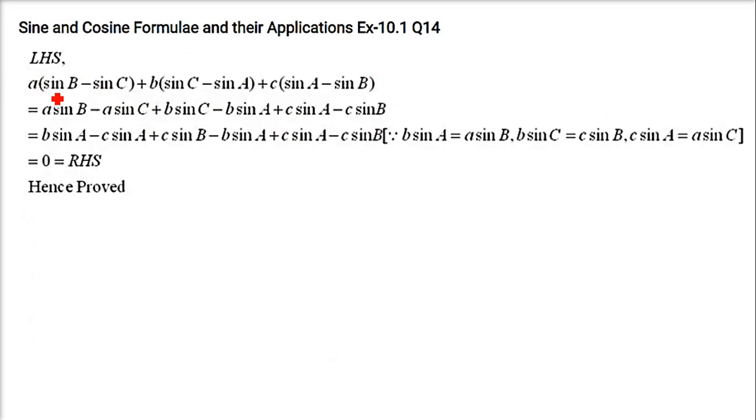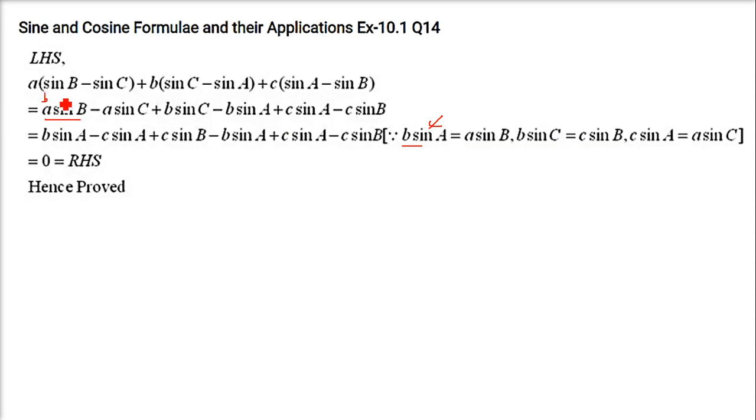Here we have the left hand side is this one. We have to prove it to be 0. So first multiply it: a sin b minus a sin c, b sin c minus b sin a, and c sin a minus c sin b. But now we know the sine rule, that b sin a is nothing but a sin b. b sin a can be written as a sin b, right? So now put a sin b as b sin a.